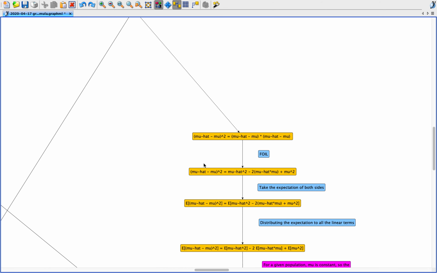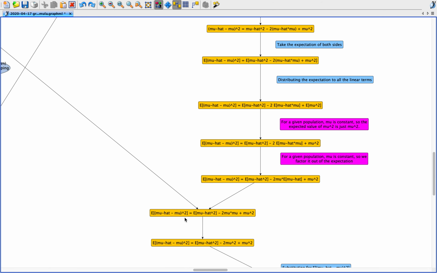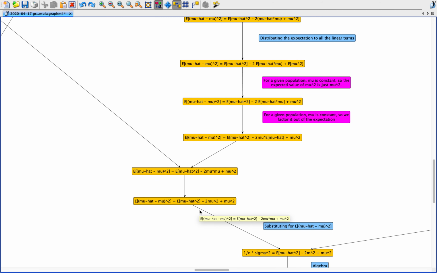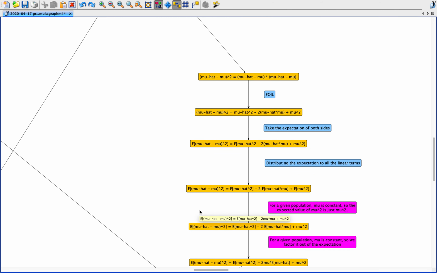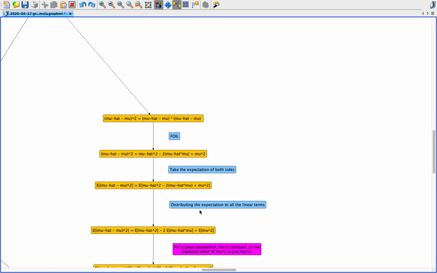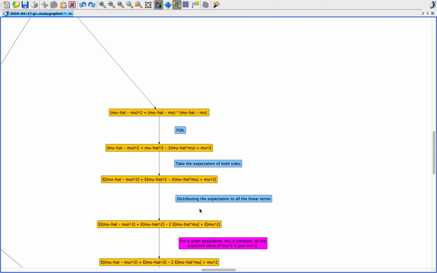But we're not going to solve for that directly. Actually, we're going to get to that down here, but we're going to do some work first. So we're going to start with mu hat minus mu squared.